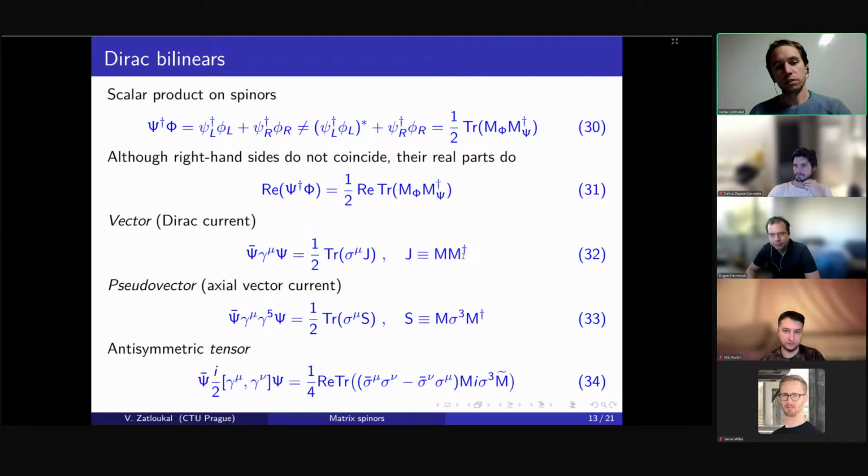For the pseudovector, there is some extra gamma 5, and one gets this, number 33, so that we get the components of a spin vector, which is M times sigma 3 times M dagger. And with some more work, one can also express the tensor Dirac bilinear.